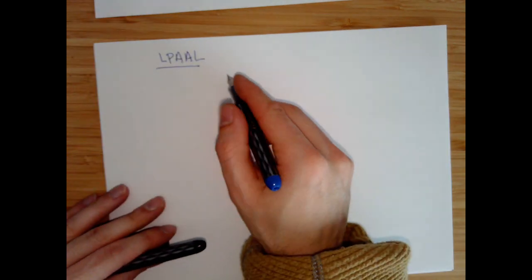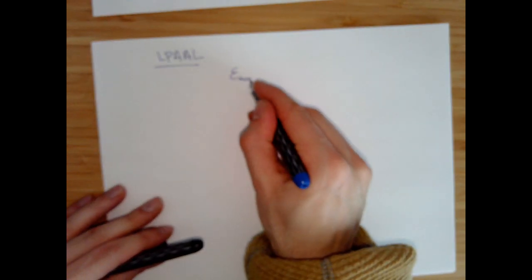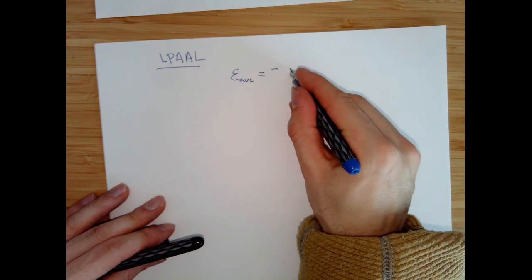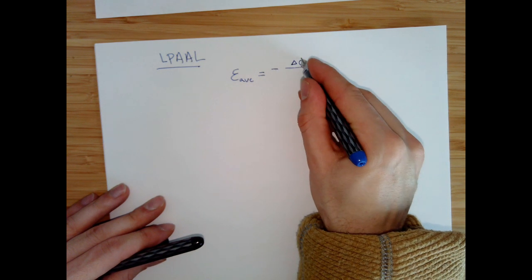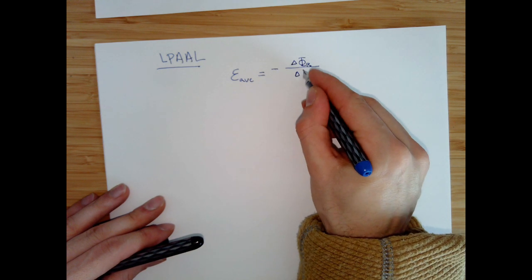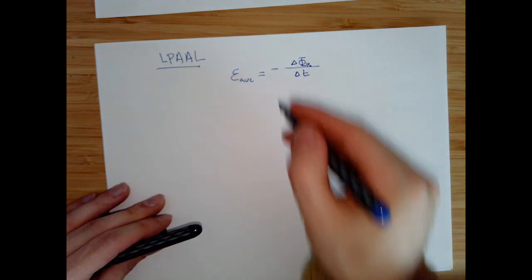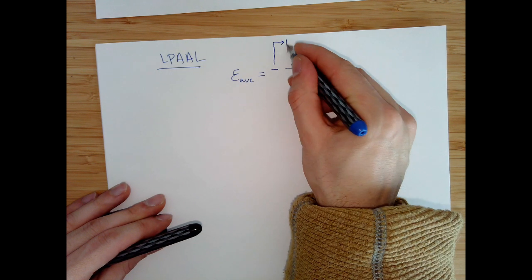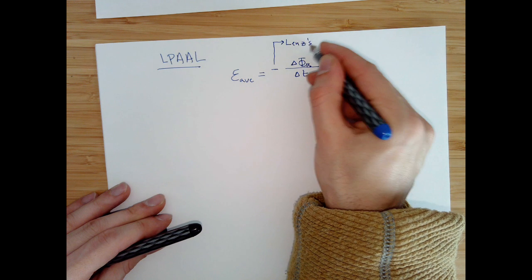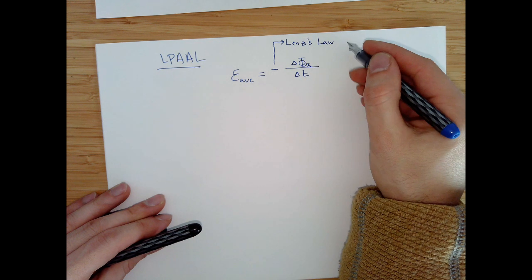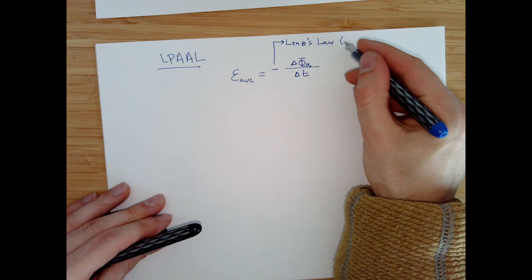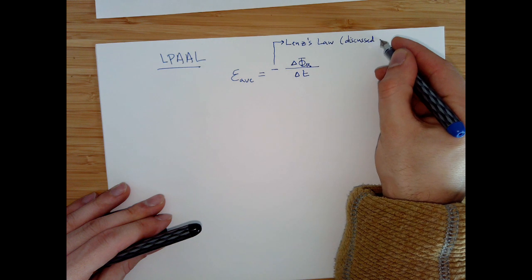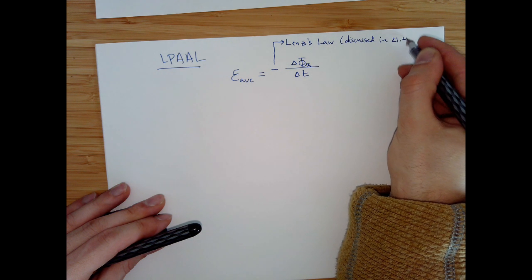So let's play around a little. And so we have the induced voltage. The average induced voltage is always equal to negative delta phi b over delta t. And now we might note here that this negative sign is something called Lenz's law, and we will discuss that in the next video, discussed in 21.4.